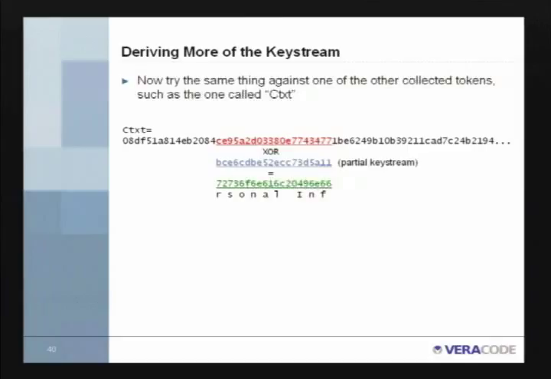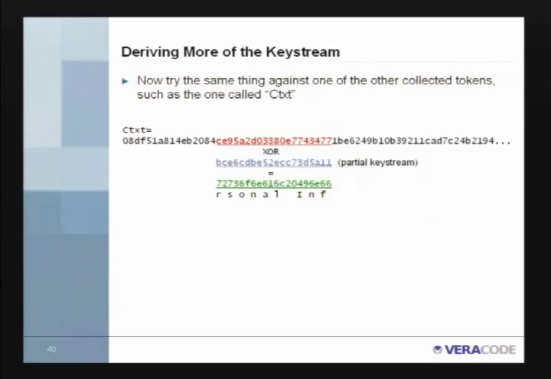So we take one of the context cookies that we found. Actually, it was a parameter, not a cookie. We XOR that with those byte positions of the partial key stream that we've recovered, just to see what it comes up with. Maybe it'll come up as garbage, but it turns out that it comes up with ASCII. Cool, right?